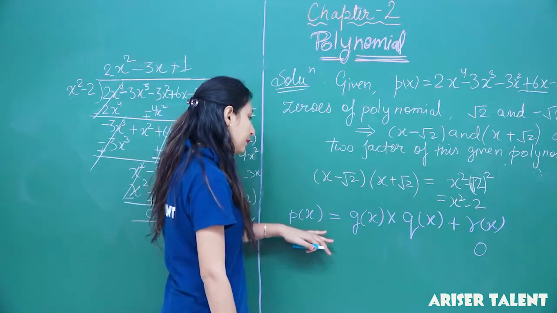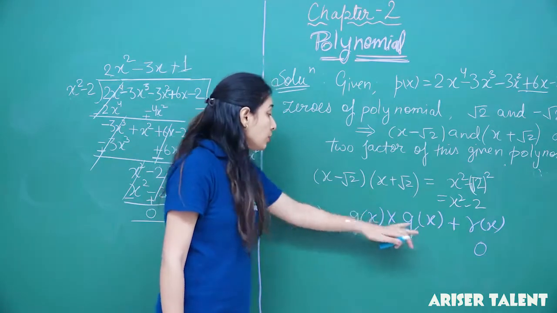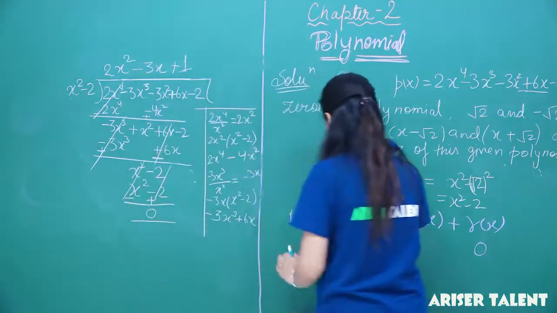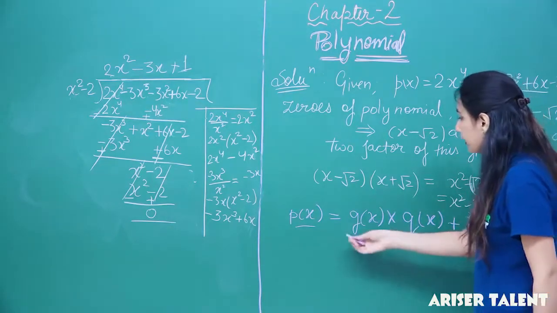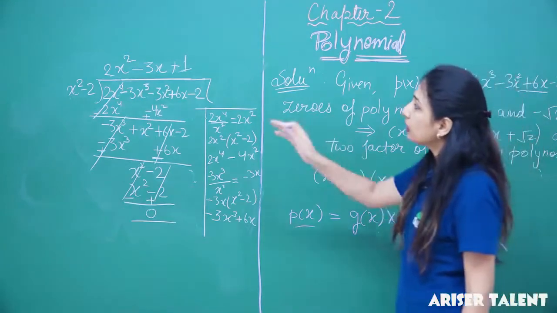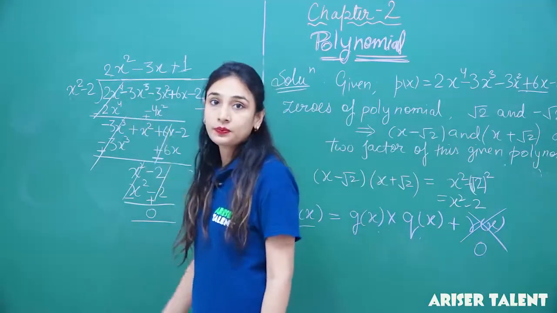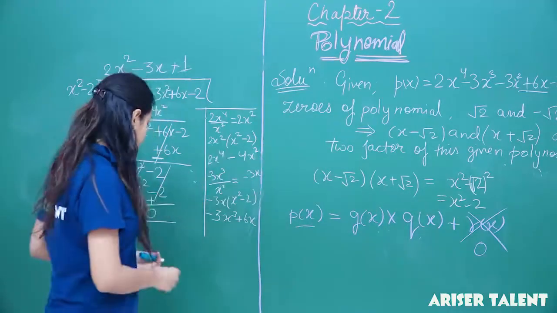So, can I write P(x) equals G(x) times Q(x)? Okay. So, what does it mean? That P(x) in this case is the product of G(x) and Q(x). So, these both are factors. Now, note this one, I am going to rub this part.